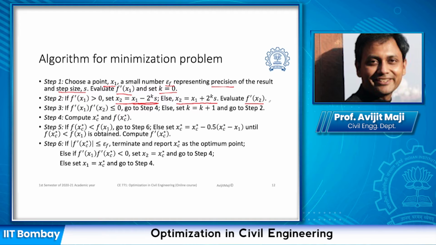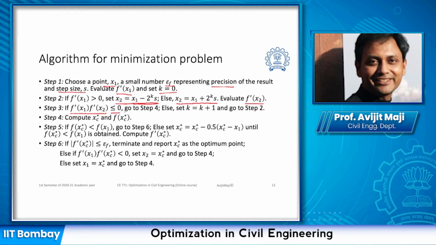Now, once we get the slope, we want to ensure that the slopes which we have at these 2 points are of opposite nature. For that reason, we are checking in the third step that if we multiply the slopes of both points, then it should be less than or equal to 0.